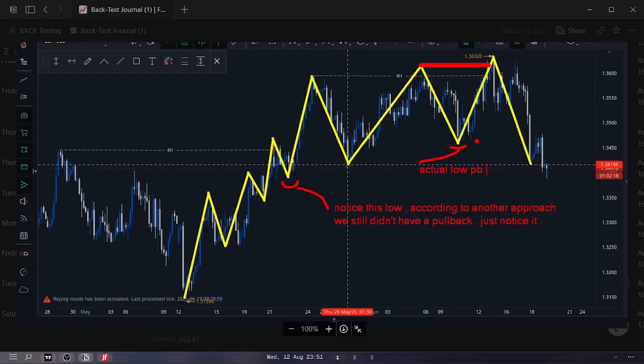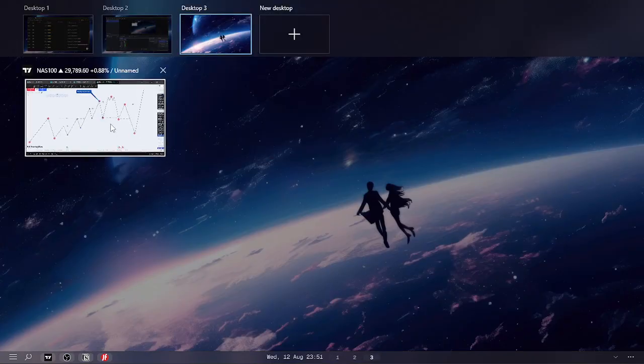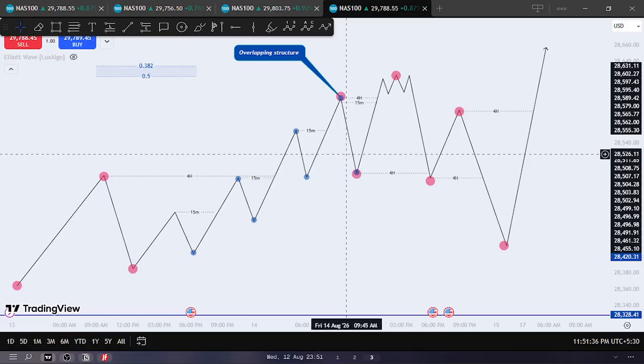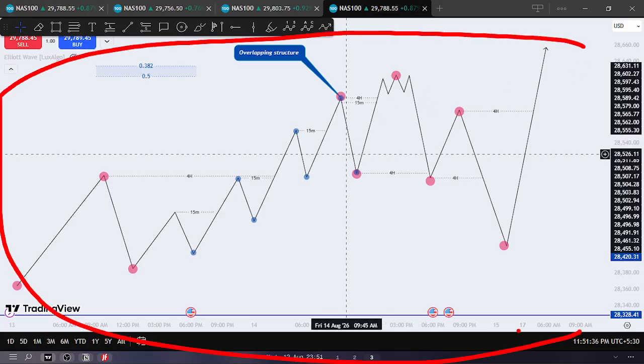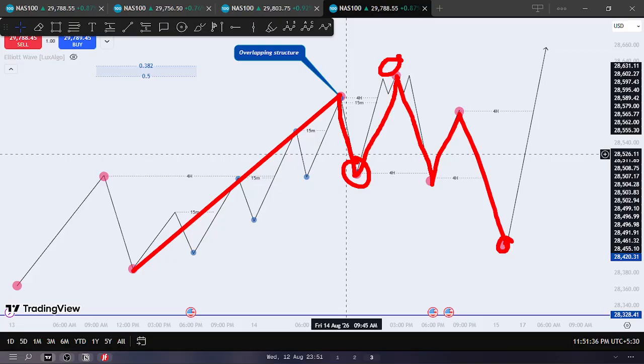And then finally, if we go with the structure shift, we know that this all was an impulse and this was the actual pullback, and that is what we discussed in all these scenarios, that at this moment your FIB tool may say, hey, this is the pullback, while it actually is just a fake indication, and then you have this actual pullback, right?